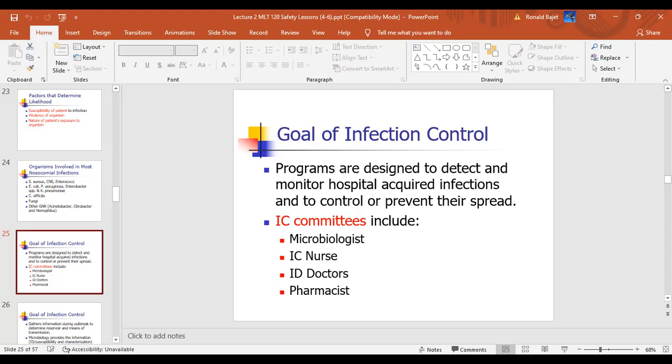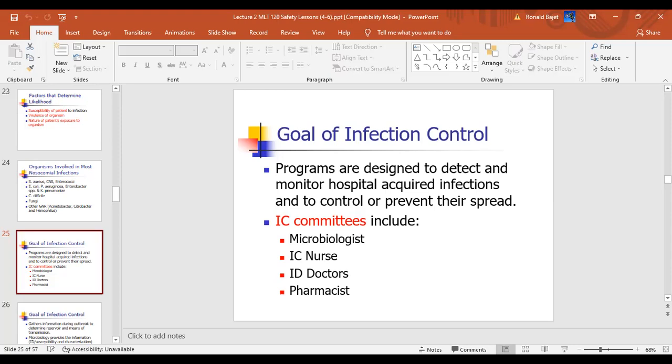You look at the sensitivity pattern: how many times was it sensitive to a certain antibiotic, and how many times was it resistant? So you do a percentage sensitive and a percentage resistant. For each organism identified in that department, you provide the likelihood of the organism being susceptible or resistant, and you produce this report for all the organisms identified.